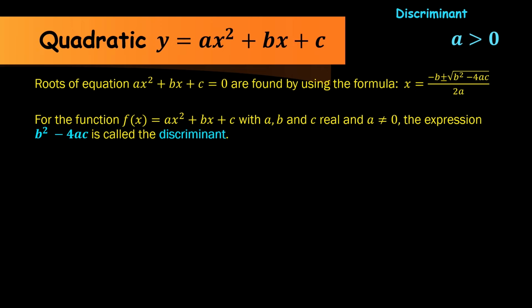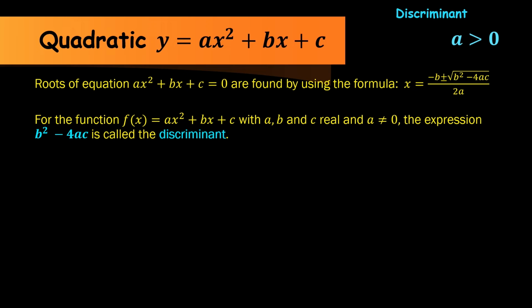For the function f of x equals ax squared plus bx plus c, with a, b and c real numbers and a not equal to 0, the expression b squared minus 4ac is called the discriminant. We consider first the case a greater than 0. In this case, all the quadratic functions generated will have a quadratic shape, as will be shown on your screen.